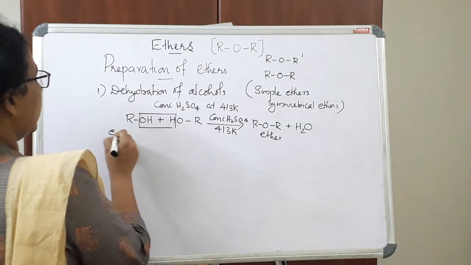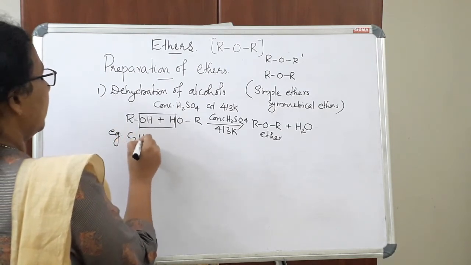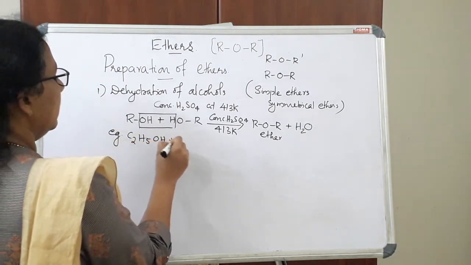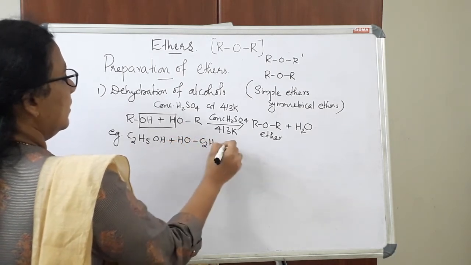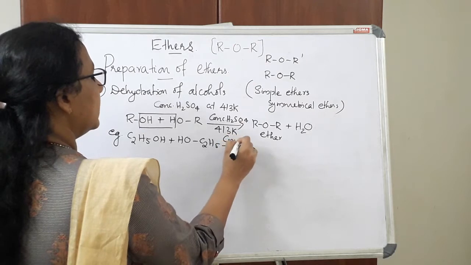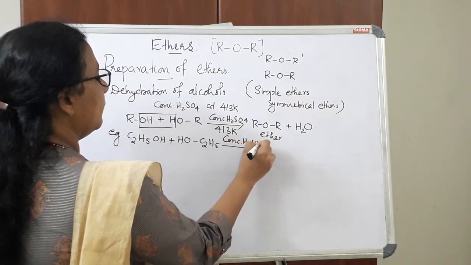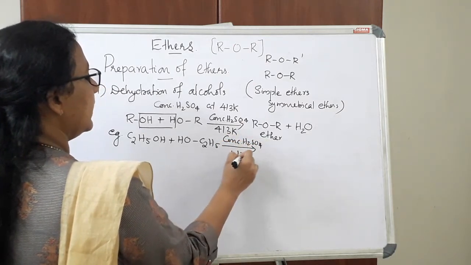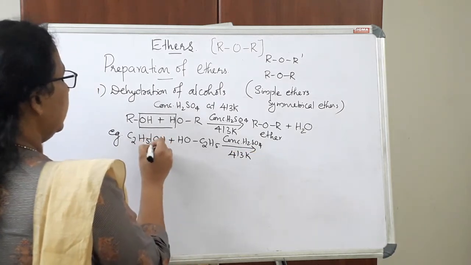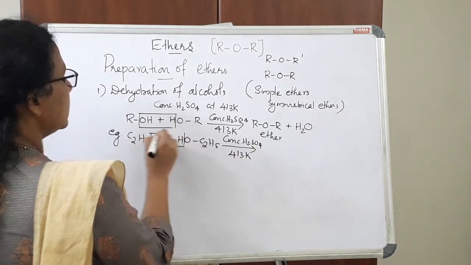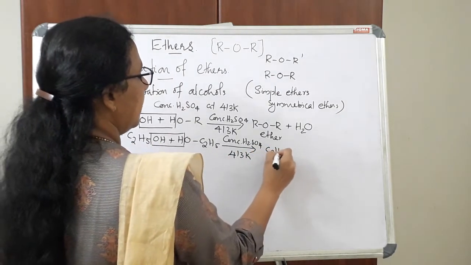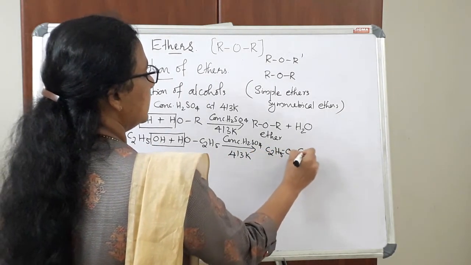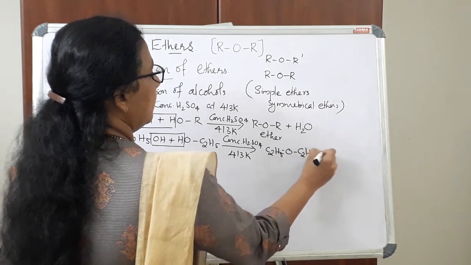We can write one example: C2H5OH, ethanol. We can write 2 molecules of ethanol. The reaction condition is concentrated H2SO4 at 413 Kelvin. The product will be, with 1 molecule of water eliminated from here, C2H5OC2H5 plus H2O.